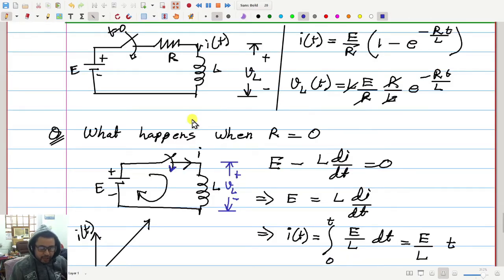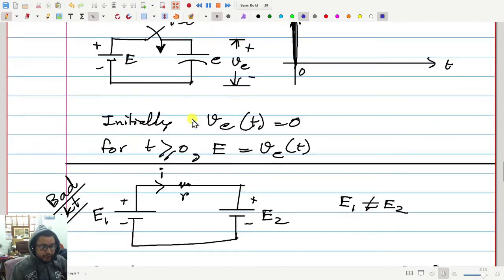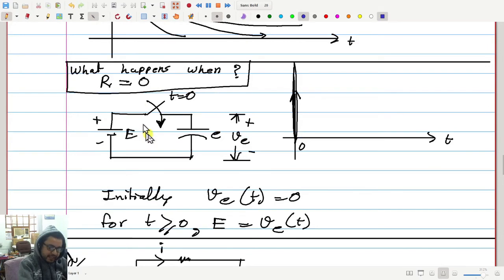Now, sir, why does this not hold true for RC circuits, the same logic you used here for R equals 0? Because for an RC circuit, KVL is violated for a short time. The moment you connect it at time t equal to 0, the capacitor voltage should be the same as the battery voltage to satisfy KVL.